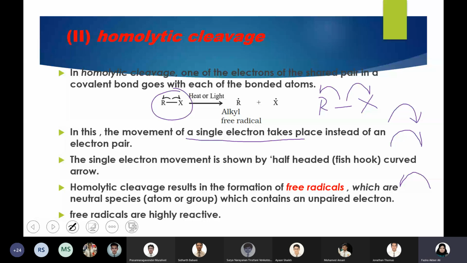So in homolytic cleavage, when you compare with heterolytic cleavage, the basic difference is that only the movement of a single electron takes place, and single electron movement is usually shown using half-headed curved arrows, which are also known as fish hook arrows. It just looks like a fish hook.